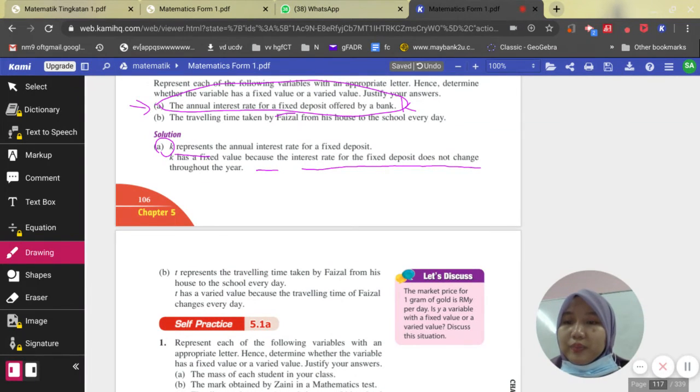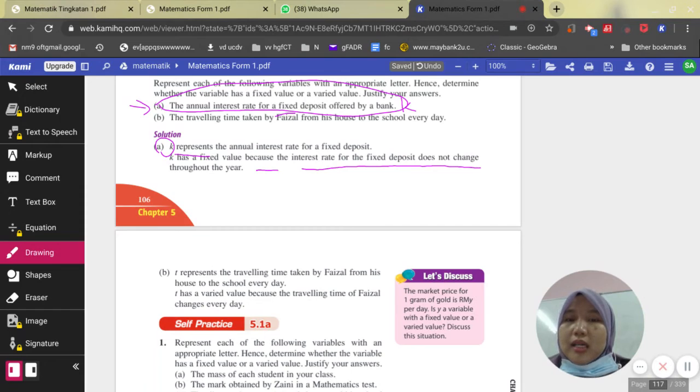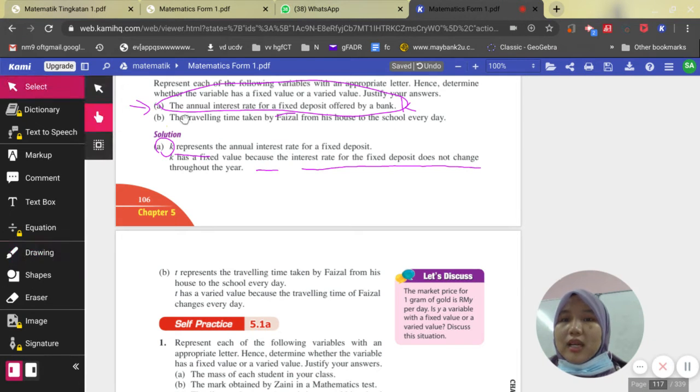Okay, next, the second situation here, B, the travelling time taken by Faizal from his house to the school every day.